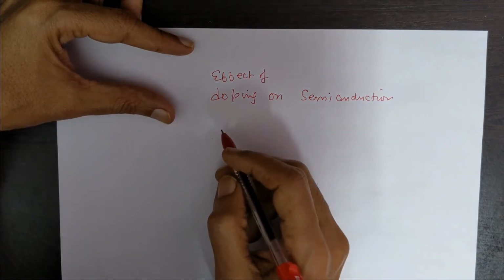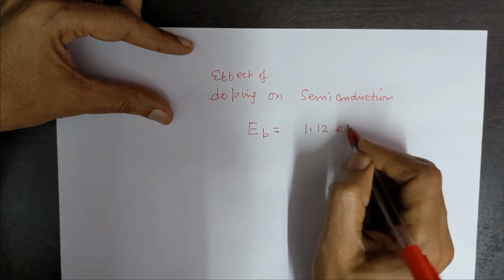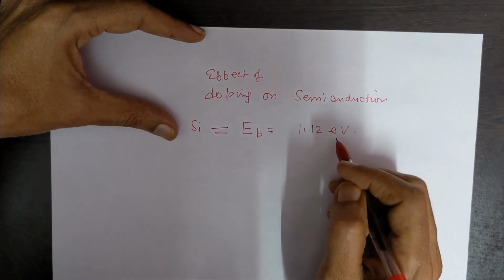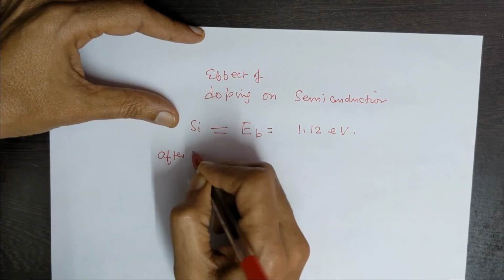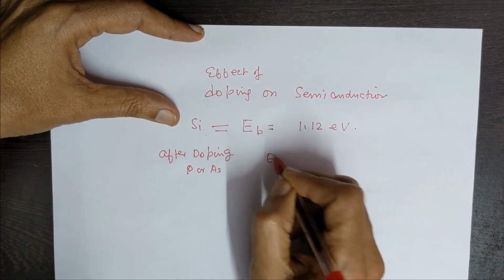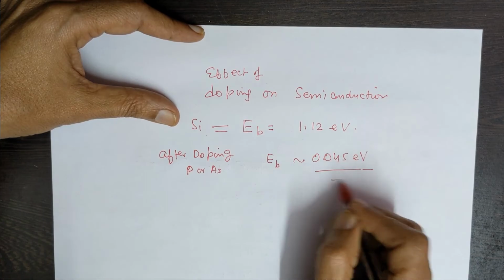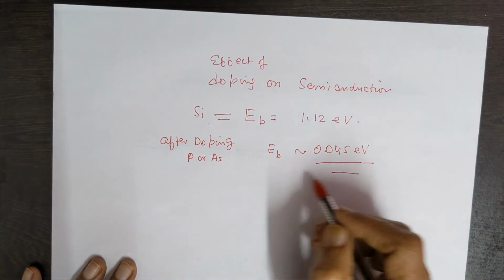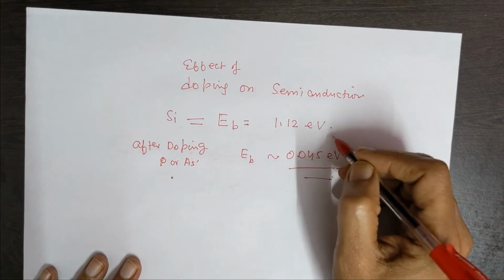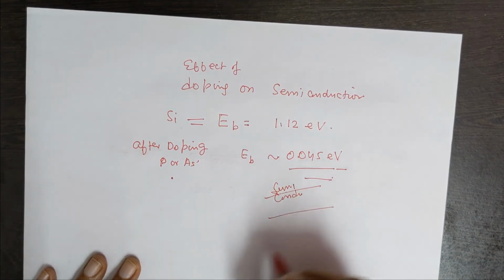Earlier, the energy barrier was equal to 1.12 electron volt. Silicon's energy barrier is 1.12 electron volt. After doping with phosphorus or arsenic, its energy barrier becomes 0.045 electron volt. So now we see that the energy barrier became so low after doping with these doping elements, therefore we say that conductivity of semiconductor increases with doping.